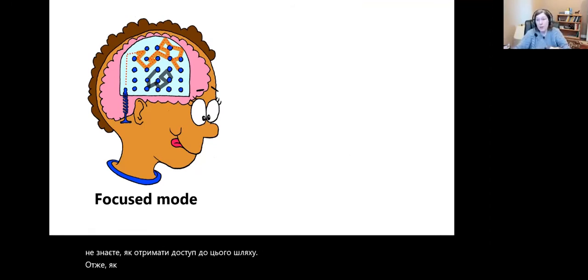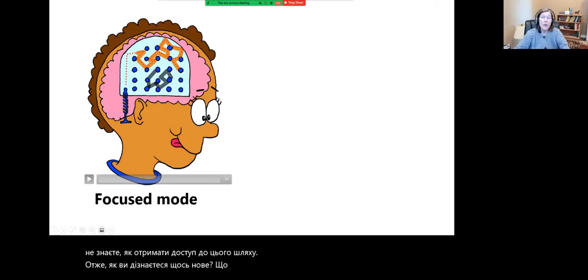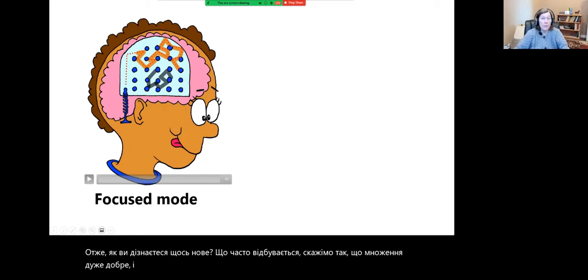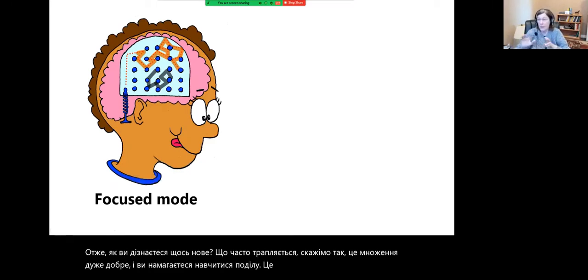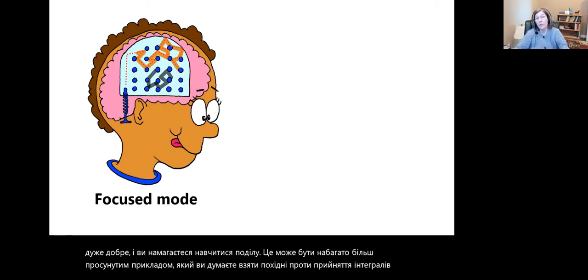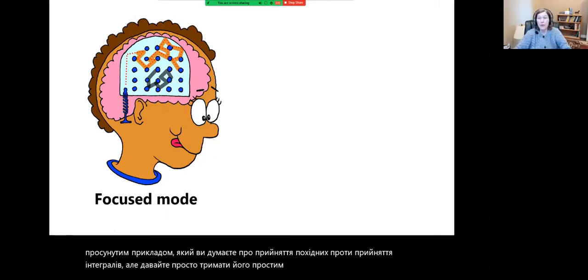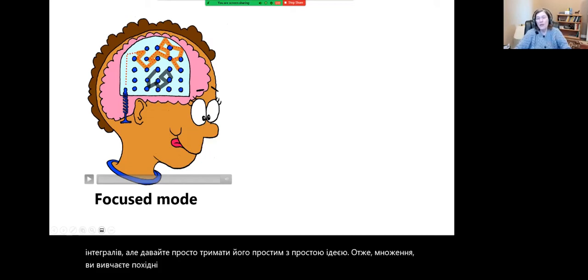What often happens is, let's say that you know multiplication really well and you're trying to learn division. It could be a much more advanced example. You think of taking derivatives versus taking integrals, but let's just keep it simple. As you're first beginning to do division problems, you can't help it.